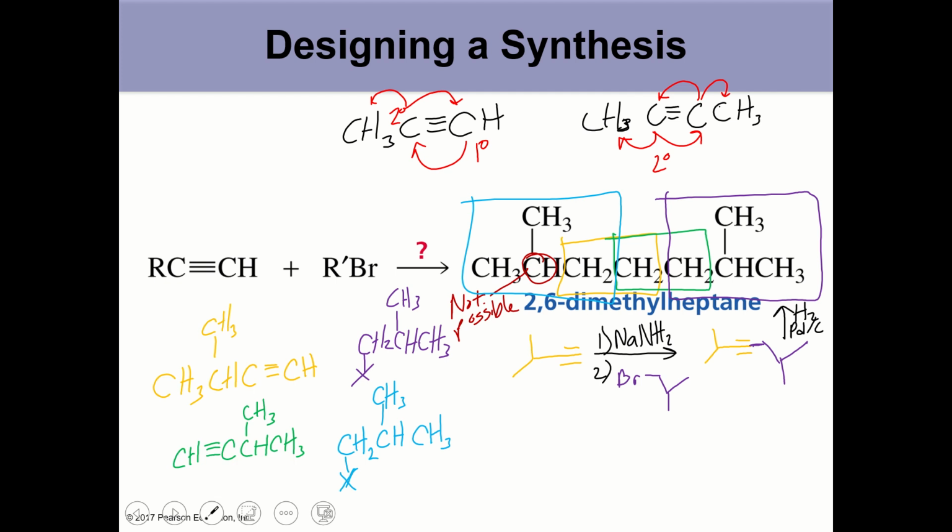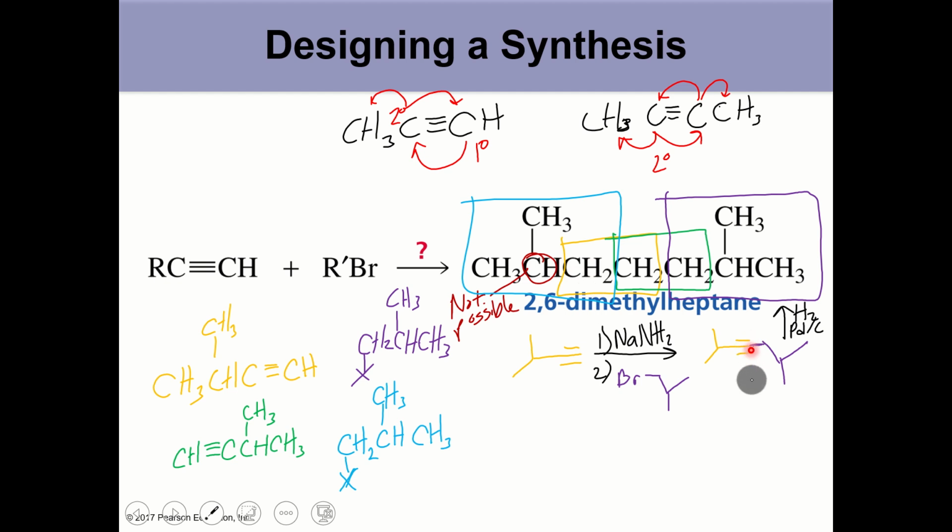So let's read through this and see if it matches. We have a CH3 group here, and what our final product would give us would be a CH3 and a CH3 bonded to a CH. CH3, CH3, CH. Then this, when treated with H2, Pd/C, will become a CH2 group, CH2 group.